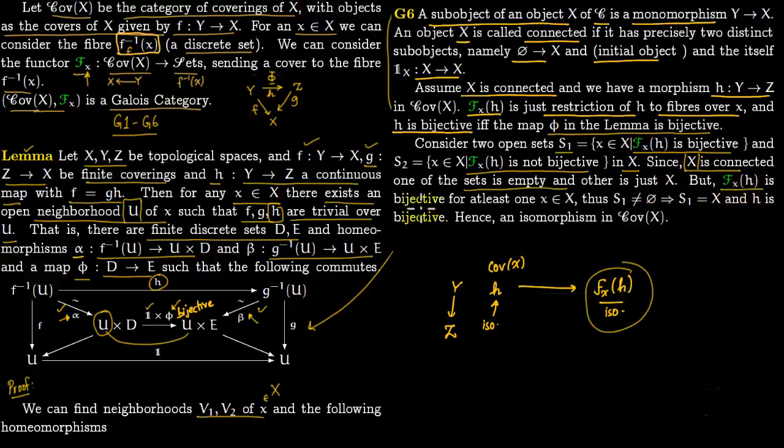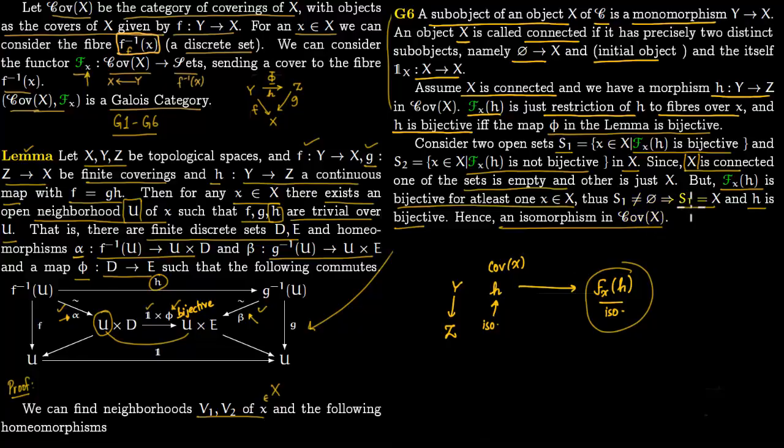So this is bijective for at least one x. So if it is bijective, this set S1 cannot be empty. And since X is connected, it has to be the case that S1 is equal to X and the other set has to be empty, because the only monomorphisms are the null set and the set itself. And this is not the null set, so it has to be the complete set X. Therefore h is bijective, and because this will hold for every h, you have an isomorphism in the covering space of X.